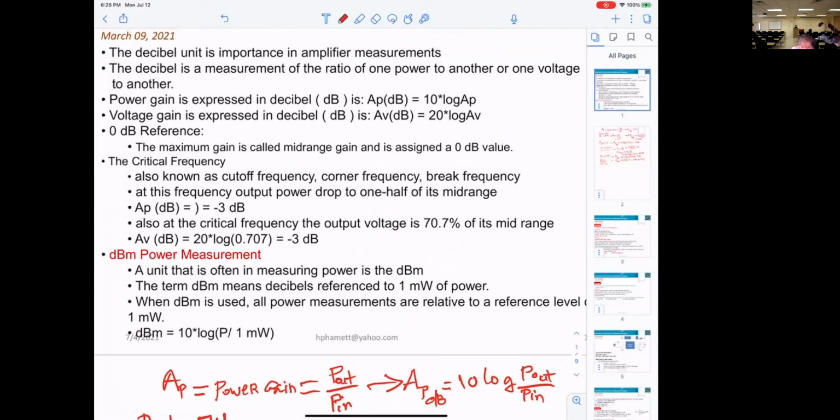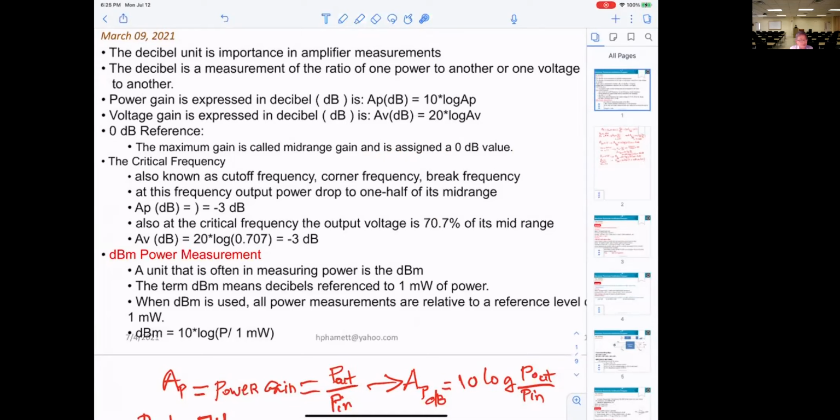Now, the 0 dB reference. The maximum gain is called the mid-range gain and is assigned a 0 dB value. So at the mid-range, input and output will be the same.